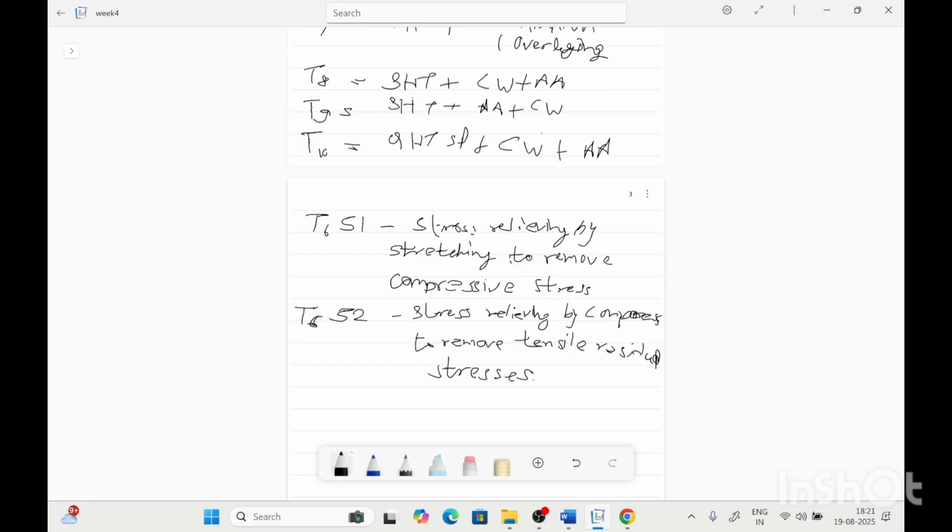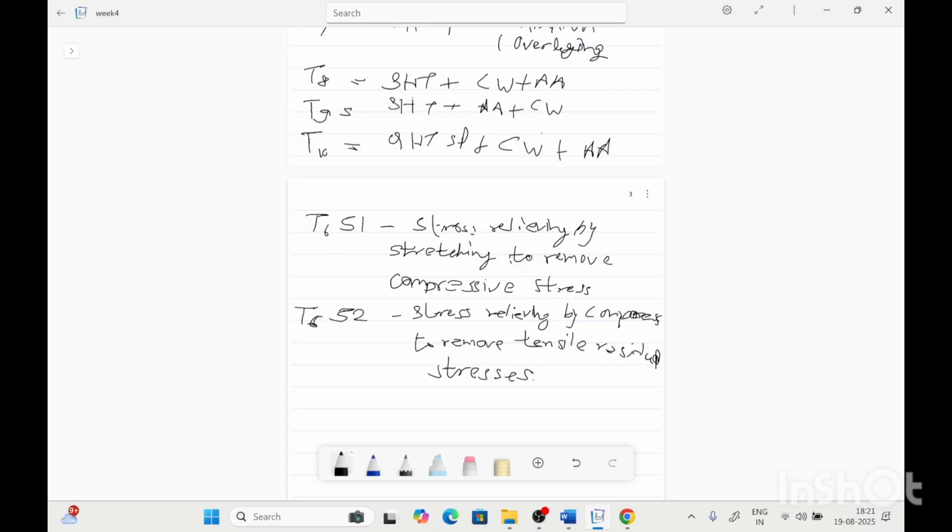So what is the reason behind the compressive and tensile residual stress? During the fabrication process, whether casting, forming, or any additive manufacturing, the high cooling rate leads to the generation of residual stresses in the solidified component. What is the effect of the residual stress remaining in the sample?